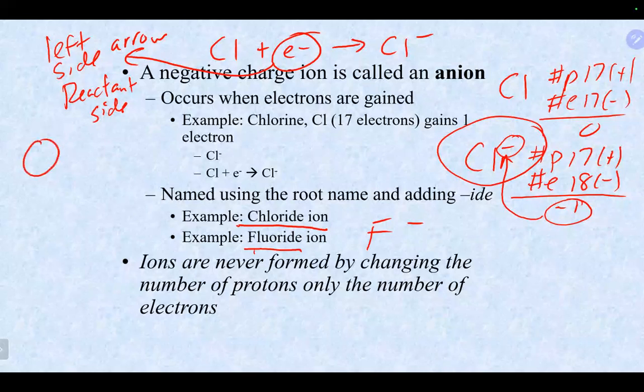O2- is oxygen and becomes the oxide ion. So for negative charges, you drop the last part of the name and put the IDE. And again, it is only the number of electrons that changes the charge.